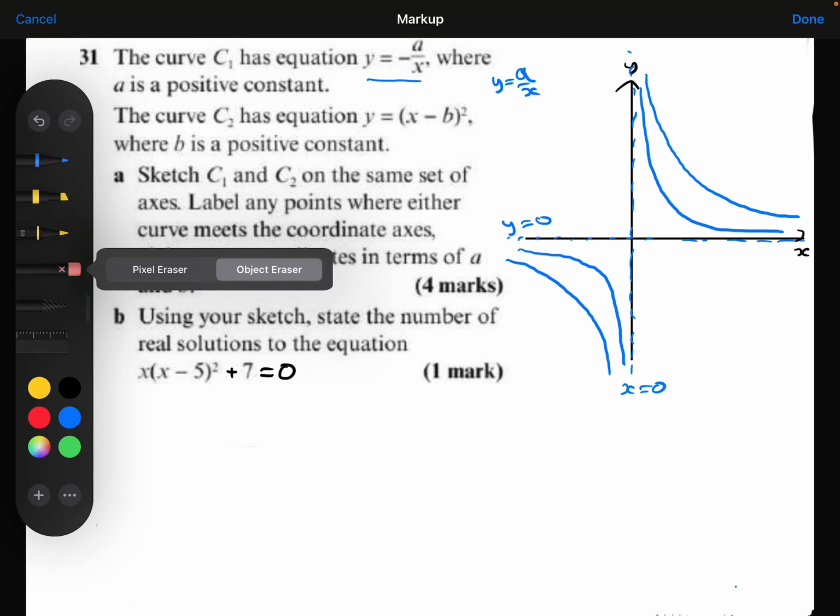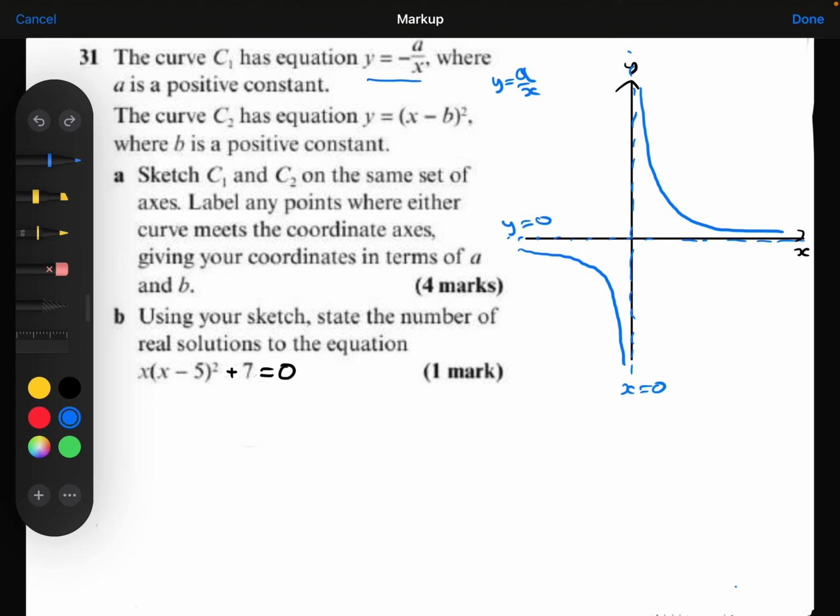Or it might look a bit more like this, for example. But it's still going to have the same shape. And unless I put a scale on my y-axis, it doesn't really matter. However, we don't have an a on the top here. We've got a minus a. And what that minus does is just flip these around.